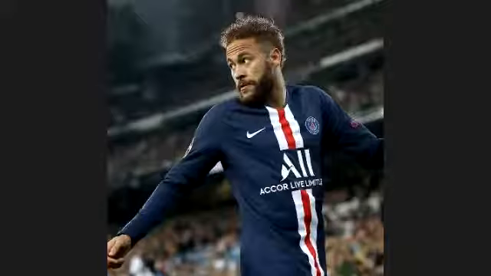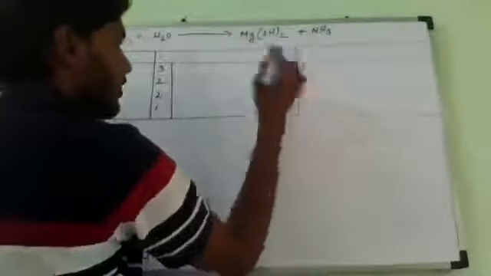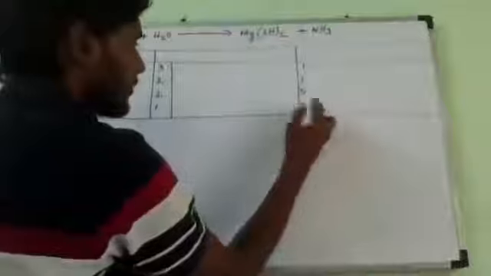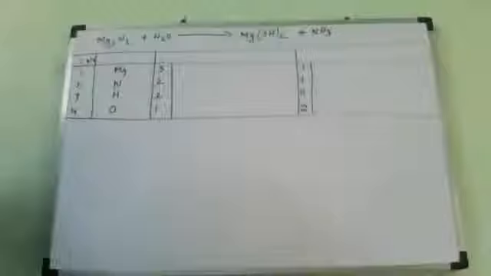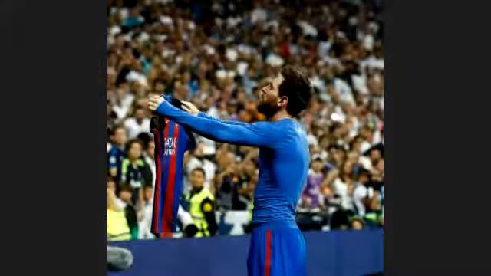Magnesium 1, oxygen 2, hydrogen 2 plus 3, that is 5, nitrogen 1. Very good. Correct? Any doubt? No, sir.